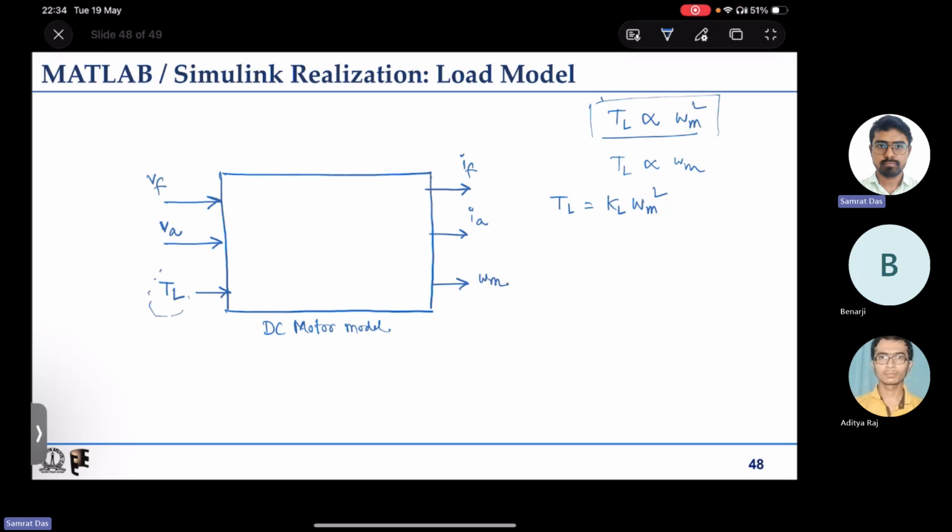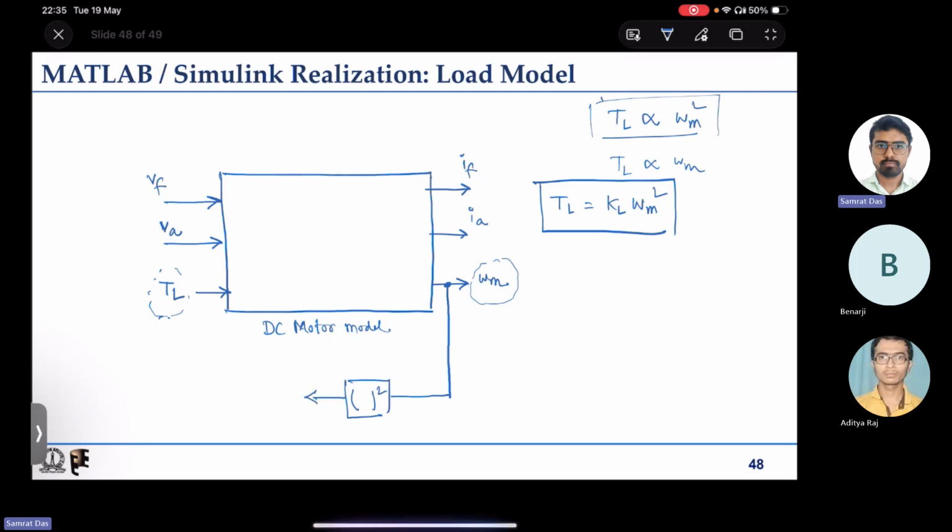Now this load torque is related to the speed at which we want to run the motor. Say they are related by TL equal to KL into omega m square. So this TL can be obtained by first taking a square, then a multiplier operation with KL, and whatever is the output goes as TL.